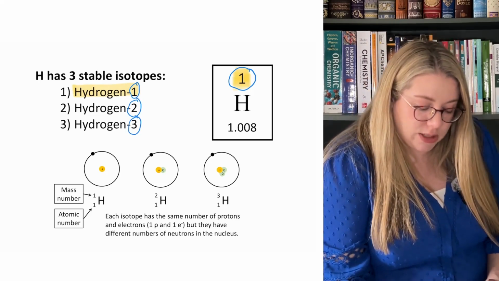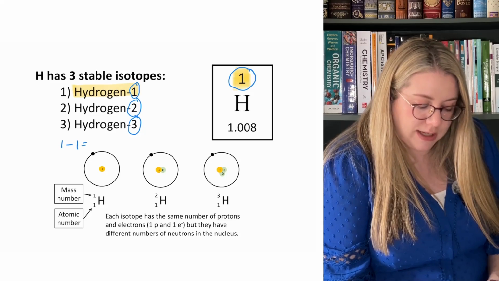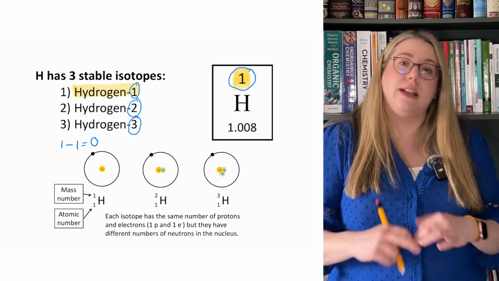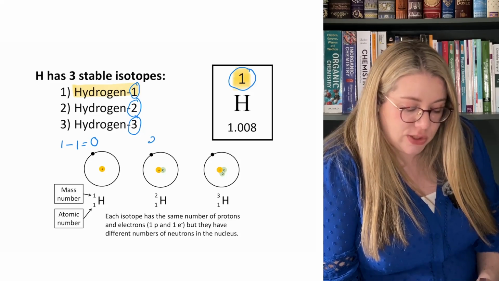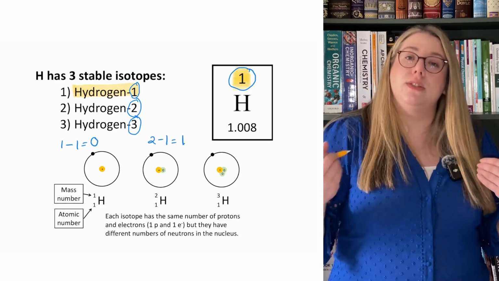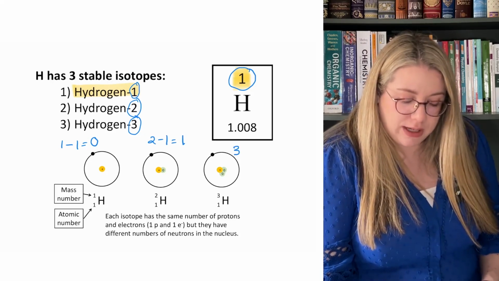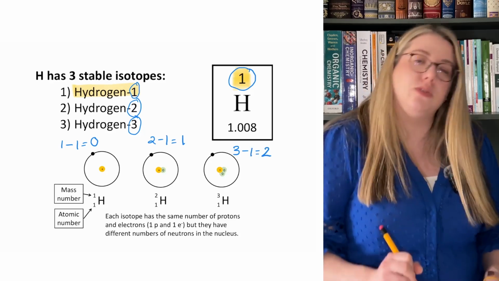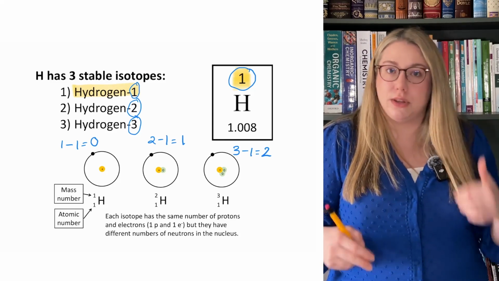For the first isotope, the mass number is 1, the atomic number is 1. 1 minus 1 is 0. And you can see that on the diagram on the left-hand side, there's no green neutrons in the nucleus. The one in the middle, that will be 2 minus the atomic number, which gives me 1 neutron. So 1 green circle in the middle. The third one, that would be mass number of 3, minus 1, which gives me 2 neutrons in the nucleus. And that's why we see 2 green circles in the nucleus of the third one, the one on the right.